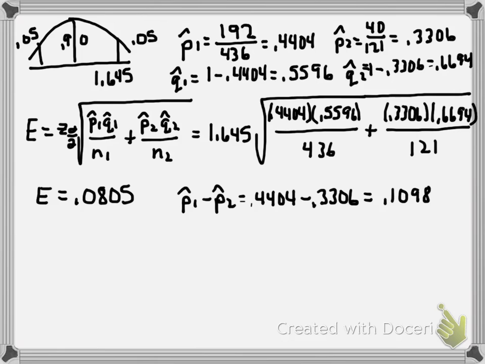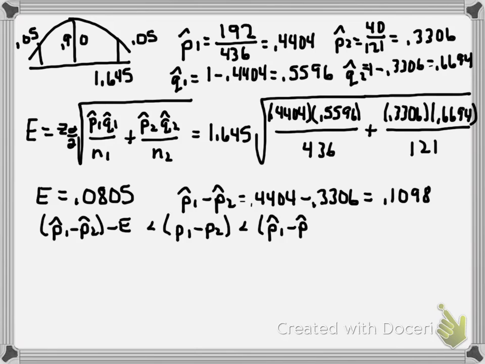So our formula for a confidence interval, p hat 1 minus p hat 2 minus the error is less than, in the center we have p1 minus p2. On the right side we have p hat 1 minus p hat 2 in parentheses and plus the error. So that's why we needed to find p hat 1 minus p hat 2.